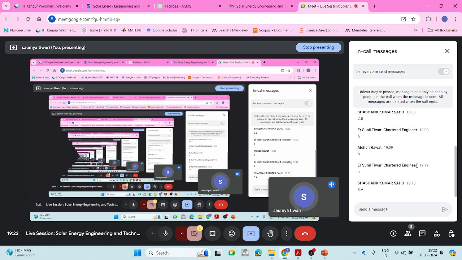Has anybody got any answers? Are you guys trying? If you haven't solved it fully, can you still tell me just the value of power available for lifting water, or power output from the array, that value?